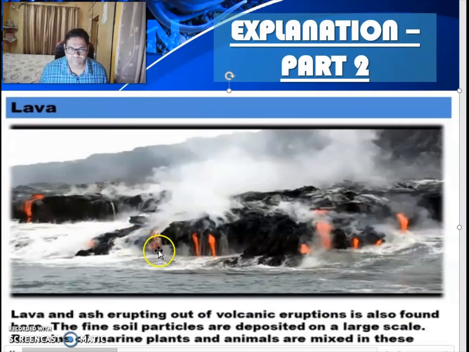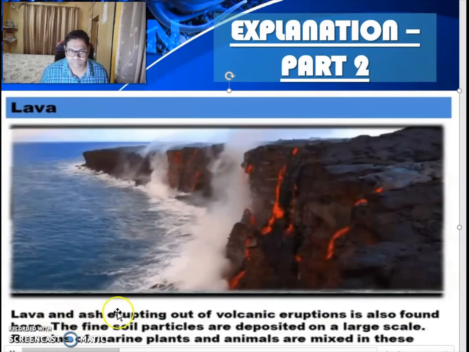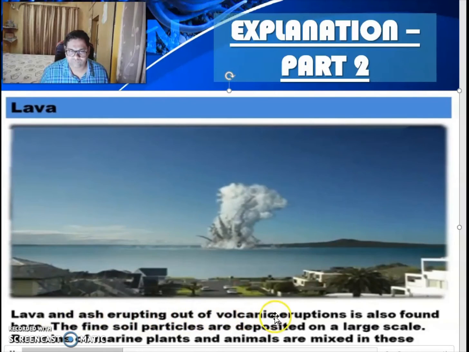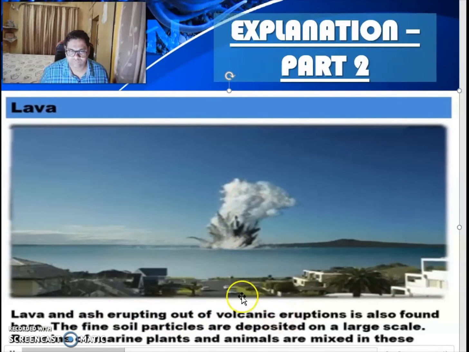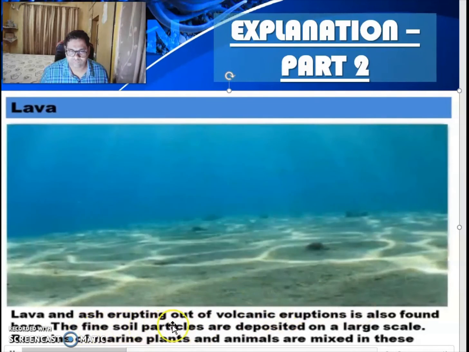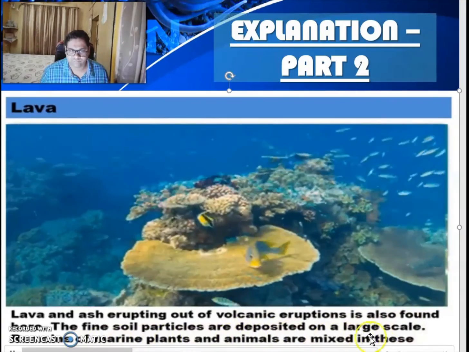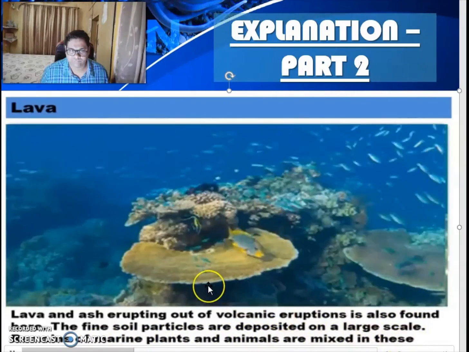Lava and ash erupting out of volcanic eruption is also found here. The fine solid particles are deposited on a large scale. Remains of marine plants and animals are mixed in these deposits.